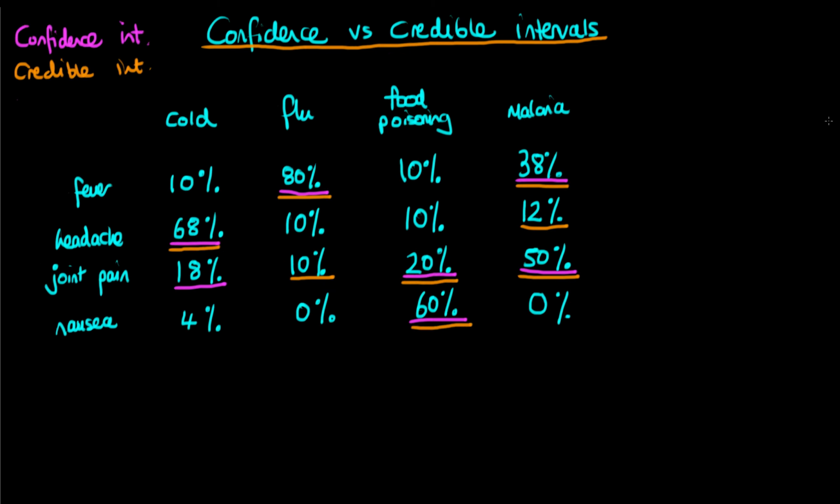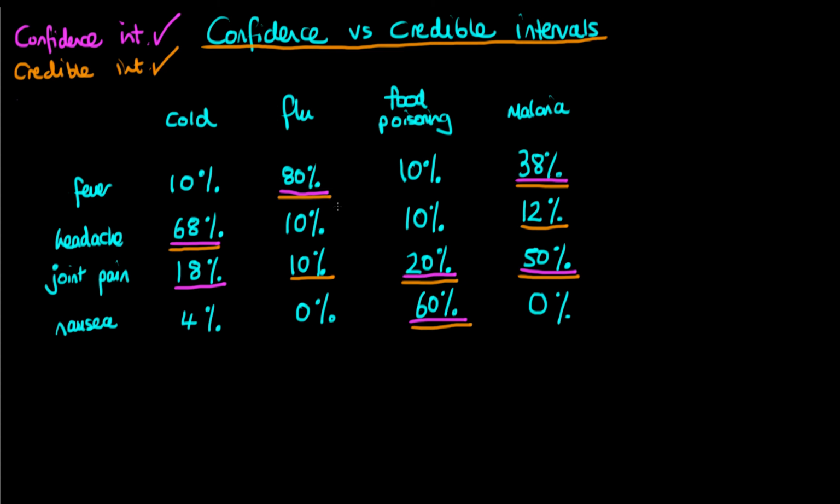Now what I want to do is compare the confidence intervals with the credible intervals that we obtained. So what I've done now is I've underlined those entities which form our confidence intervals in the purple colour here, and I've also underlined those entities which are used to form our credible intervals, and those are shown in orange here.